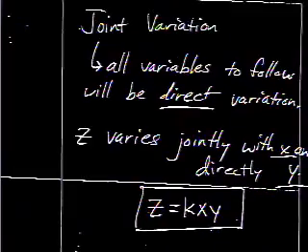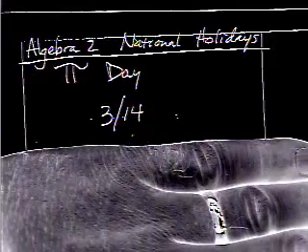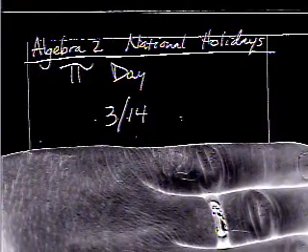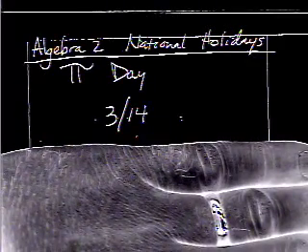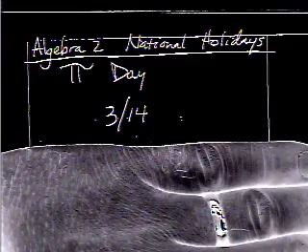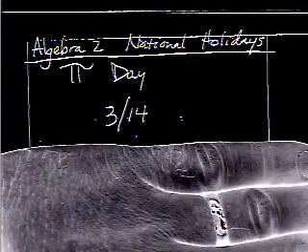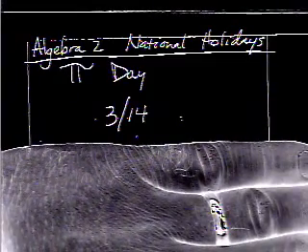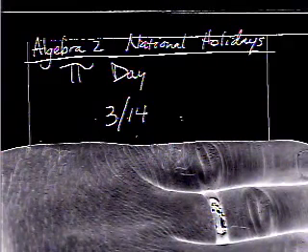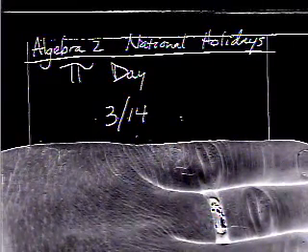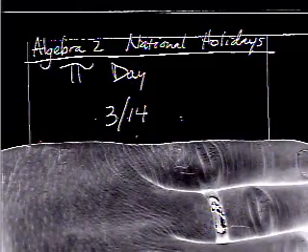Now, I know that many of you celebrate one of the more notable Algebra 2 national holidays, Pi Day. That's coming up on March 14th in a few weeks from now. Okay, so I'm sure everybody will celebrate Pi Day.